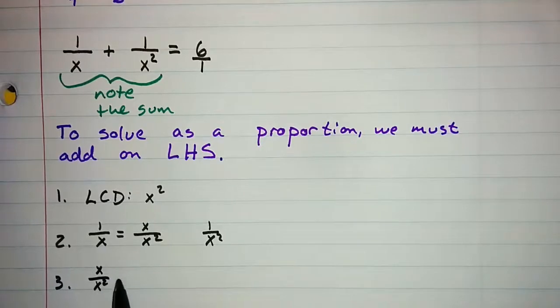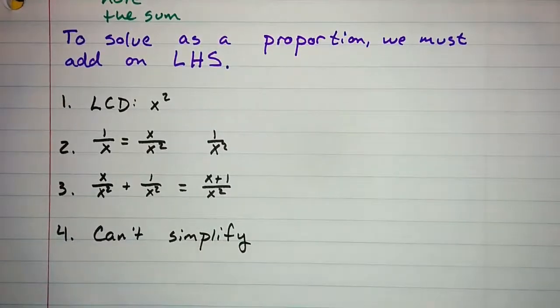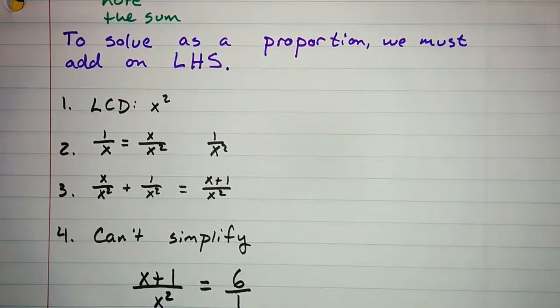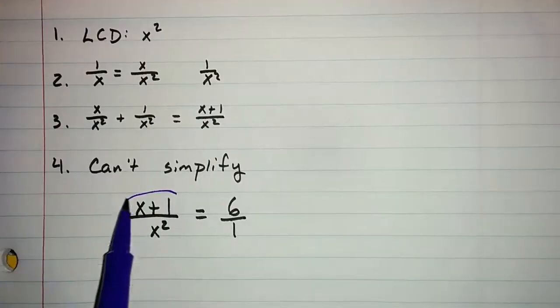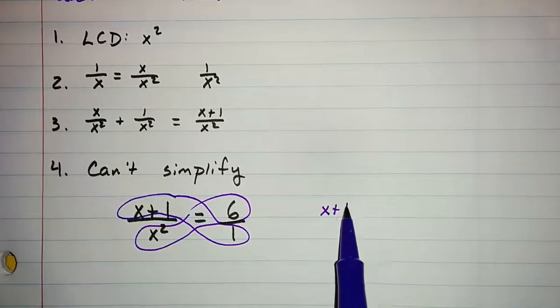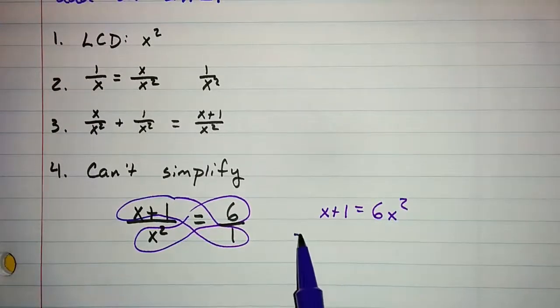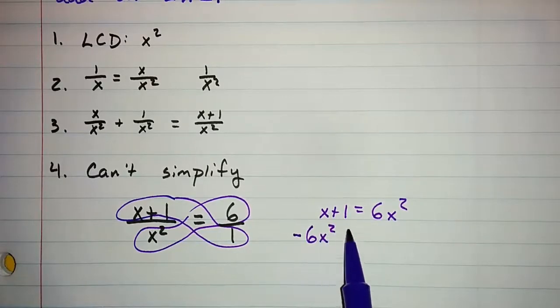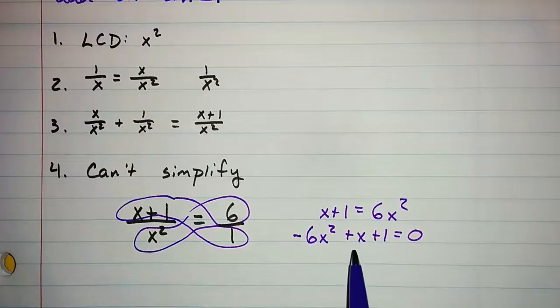X over x squared plus 1 over x squared is x plus 1 over x squared, which we can't simplify. So we have the equation x plus 1 over x squared equals 6 over 1. Cross multiplying, we get x plus 1 equals 6x squared, or negative 6x squared plus x plus 1 equals 0.